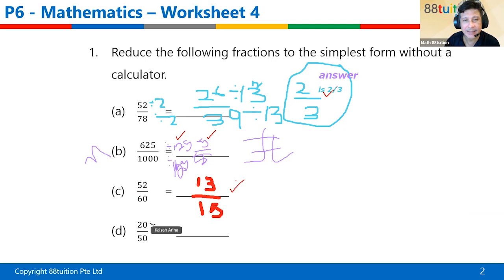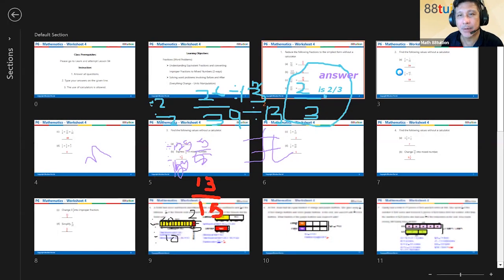That is correct. Good job, all of you. Okay, let's look at Kaiser. Oh, Kaiser's one is so easy. That's the easiest, right? I wonder why they put that as D. It should appear as A, right? Okay. So all of you actually know how to change to the simplest form. Now, if this ever comes out, it will only be in paper 1. All right. So that should be in paper 1 only.